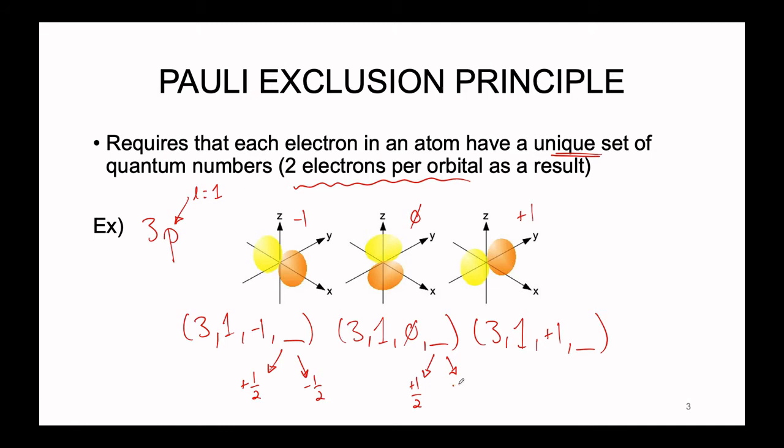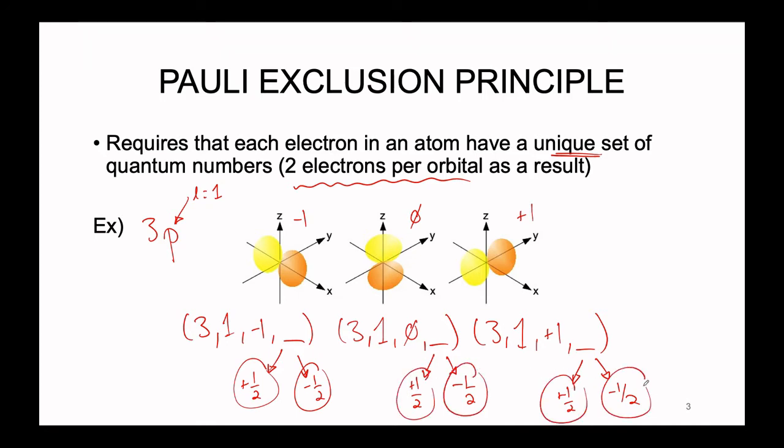We could have the +1/2 or we could have the -1/2. So there are a grand total of 2 electrons that we can put inside of each of these orbitals and still have unique quantum numbers. AKA, we can have a total of 6 electrons in the p subshell without breaking the Pauli exclusion principle.